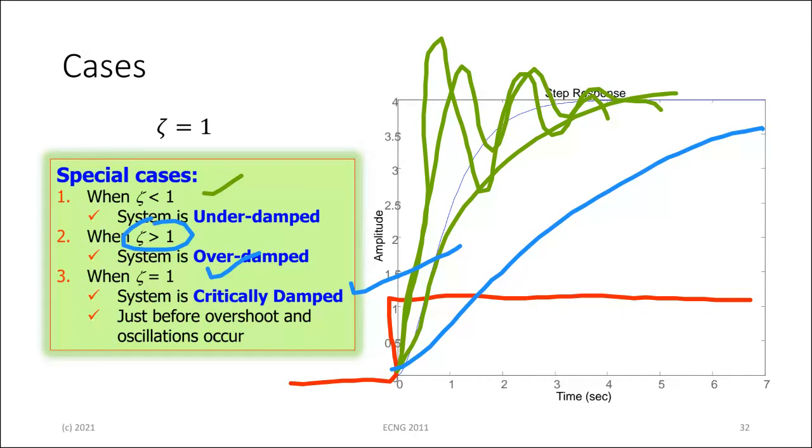So if you design for exactly the borderline, and something varies in the wrong direction, you're going to go from critically damped to underdamped, and you're going to have some oscillations coming in. So as a general answer, you would try to be slightly overdamped, but in a big system design, you have to watch everybody else in the pipeline to see what's happening.